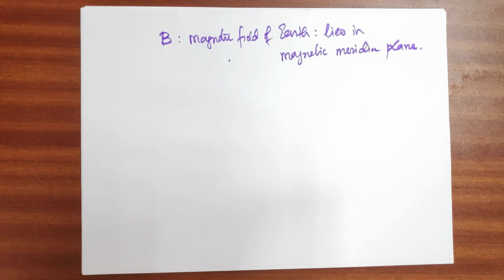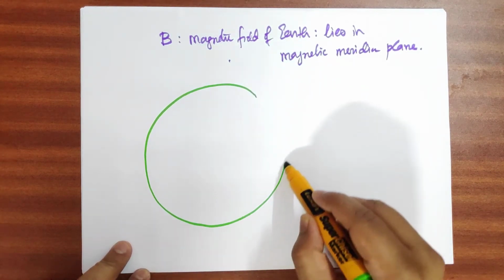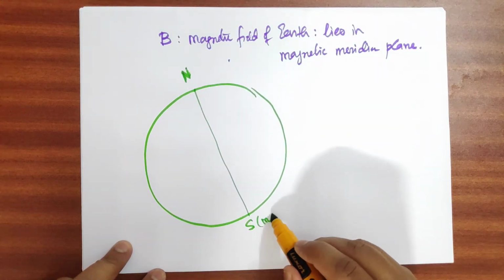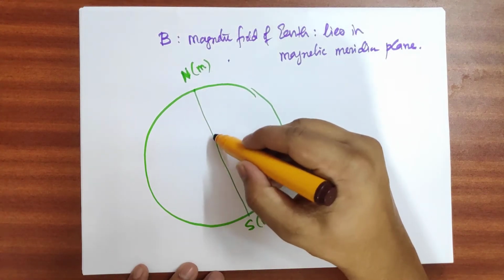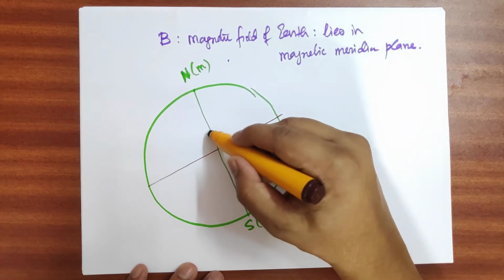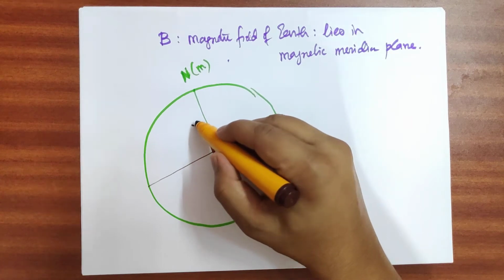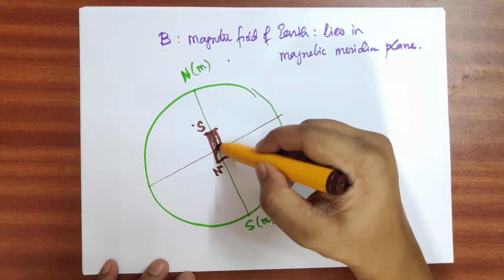Now, we will not go into the root cause of what causes the magnetic field of the earth, but we can make a simplified model. Say this is the magnetic north and the magnetic south of the earth, and magnetic needles behave as if there were a small bar magnet at the center of the earth, having its south pole this way and north pole this way.